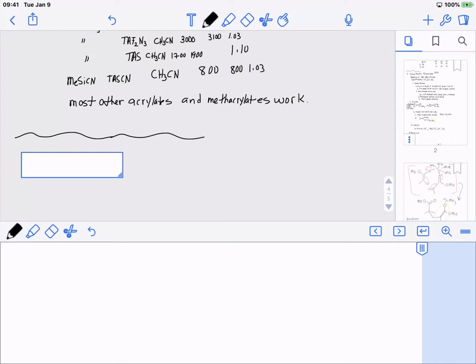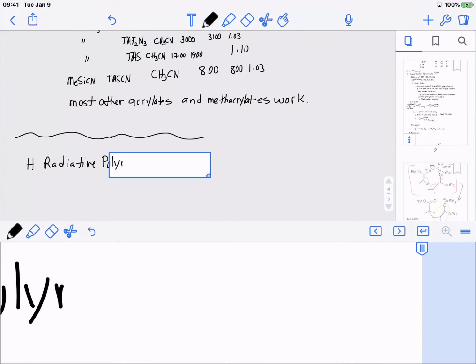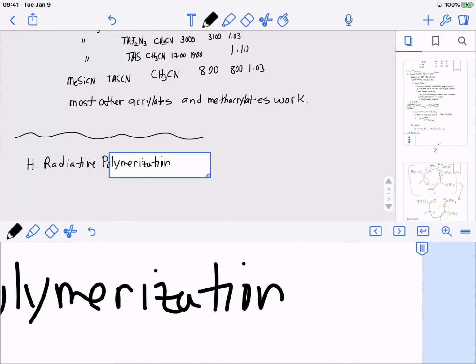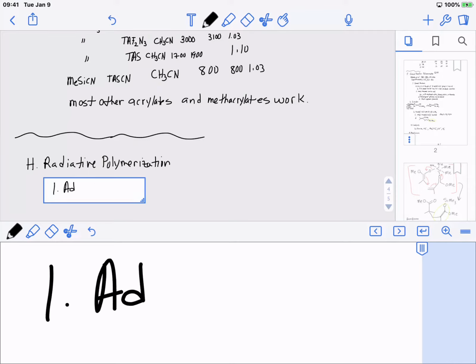Let me talk a little bit about high-energy radiative polymerization. Why? Because I think it's cool and has certain advantages.